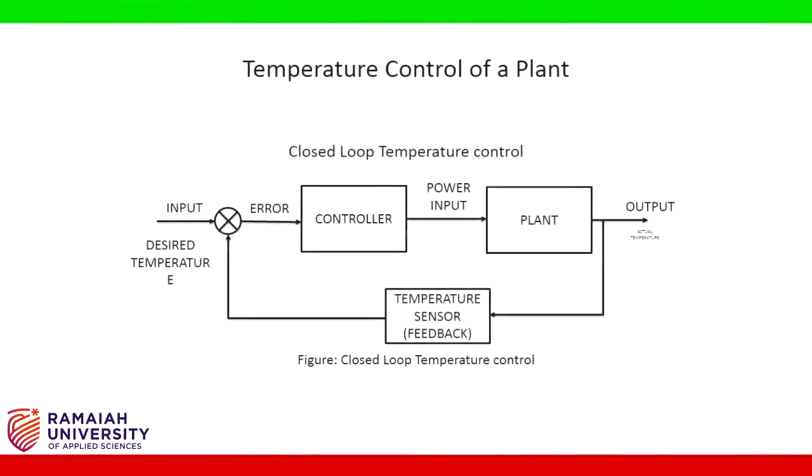Consider an example to control temperature, but it could be any physical quantity. First, to control a temperature, it is required to know what the temperature is. Secondly, to compare the measured temperature with the desired temperature, is it too high? Is it too low? How much higher or lower when compared to desired value?